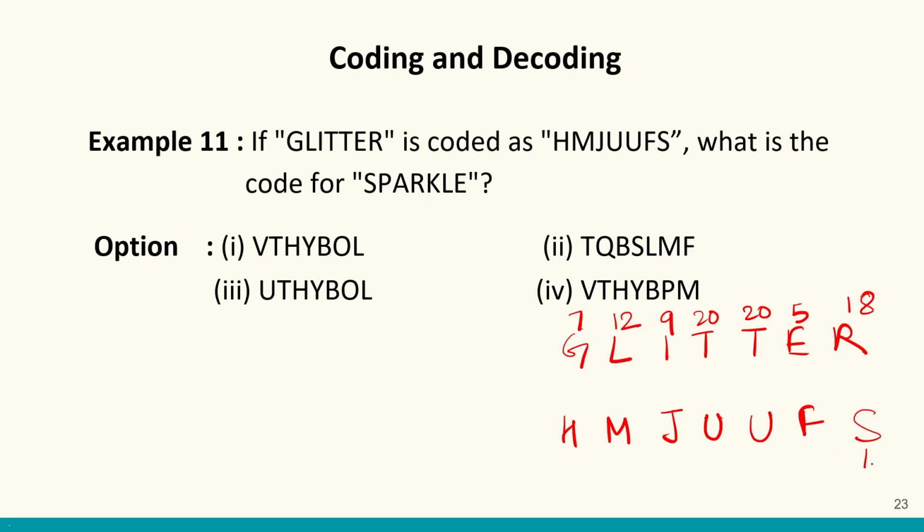Similarly, S is coded as 19. I can see they are moving 1 position forward. R to S, E to F, T to U, I to J, L to M, and G to H. So they're just moving one position forward.